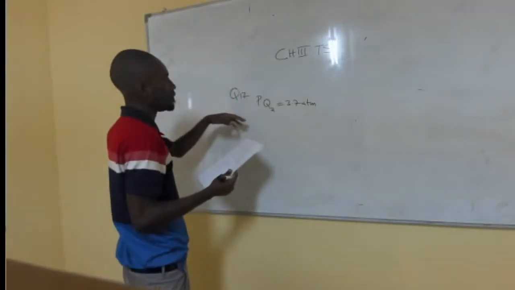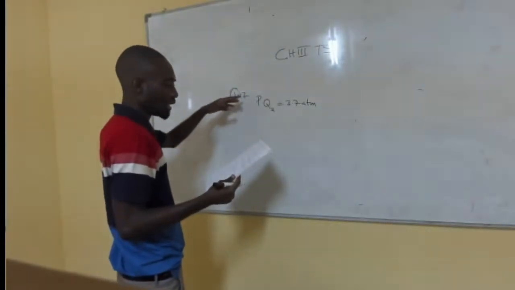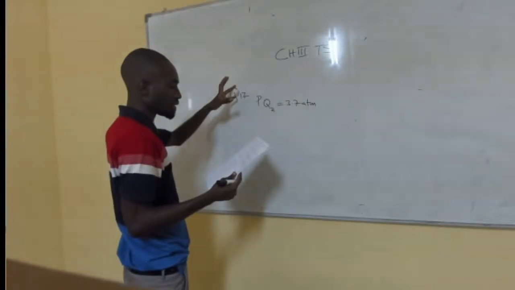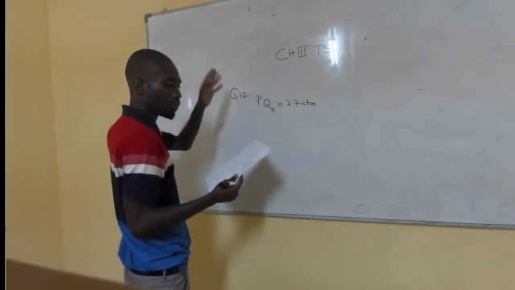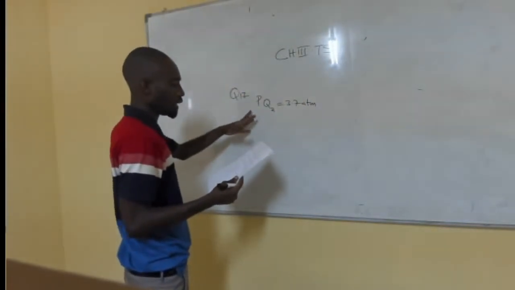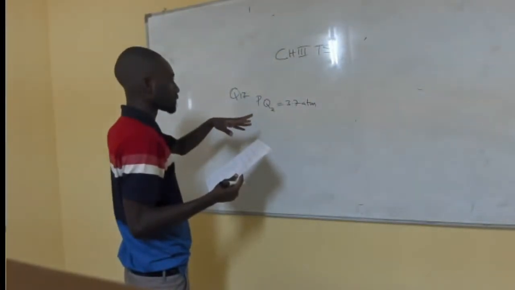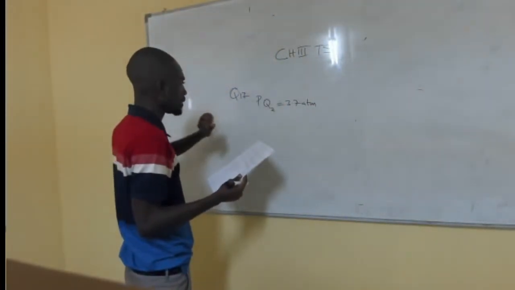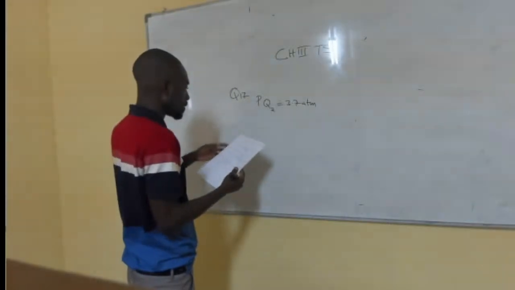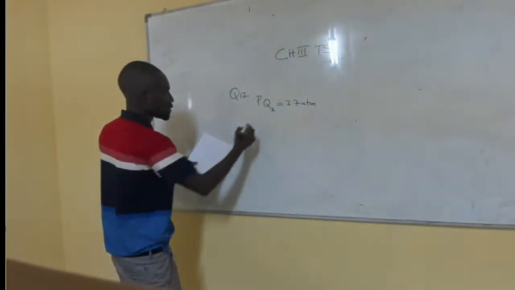So you need to convert the partial pressures that are there. The pressures they have given you are in different forms. You have those in millimeter mercury, then you have kilopascals, which you need to convert. So you need to show some conversion.